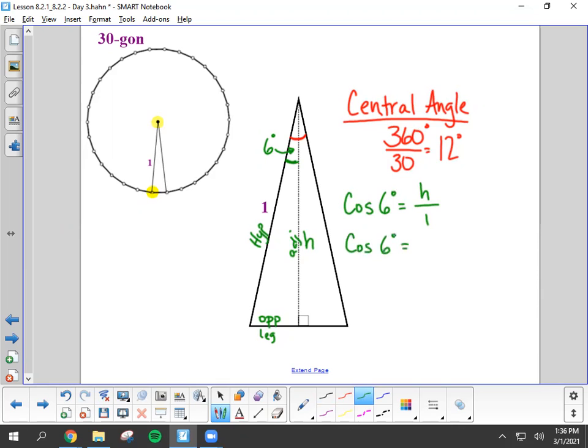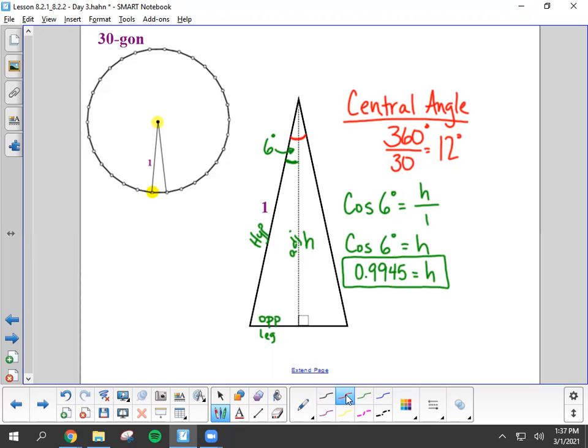So whatever I get in my calculator when I do the cosine of 6 will be the height of my triangle. I put that into my calculator and I get 0.9945 equals h. This is going to be the height of my triangle.